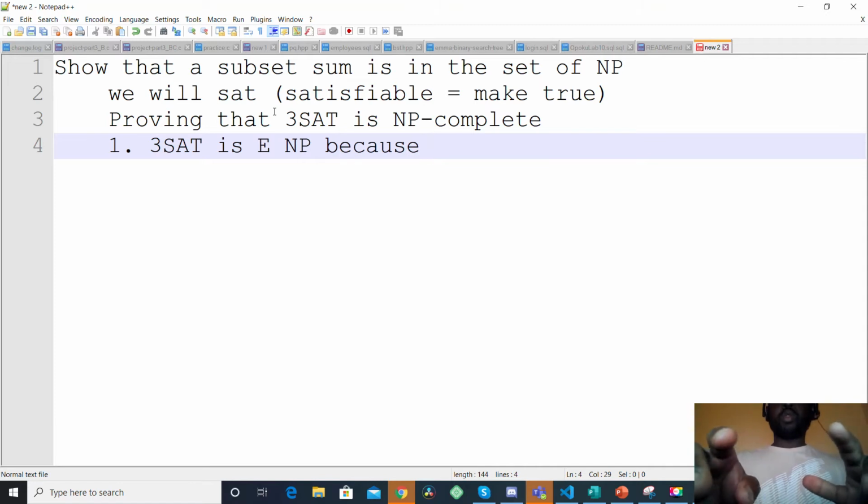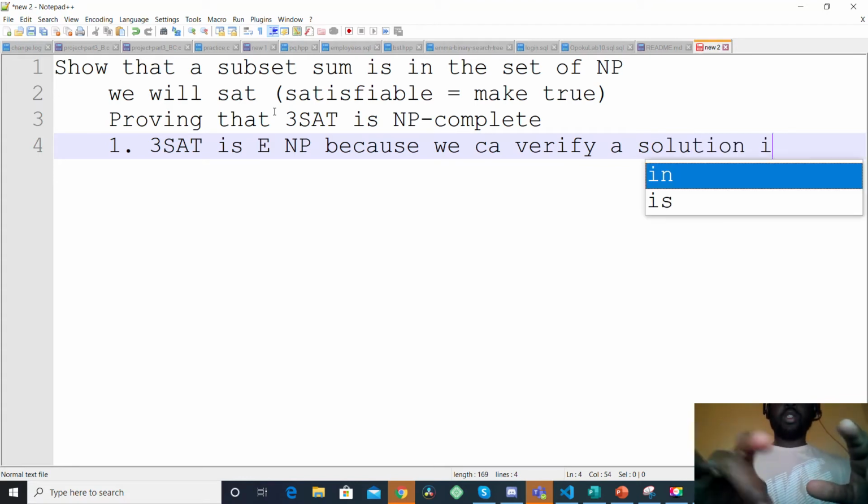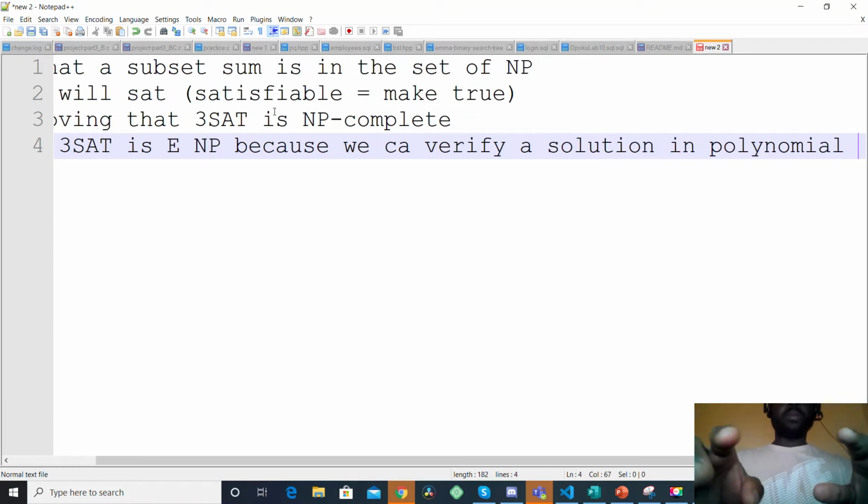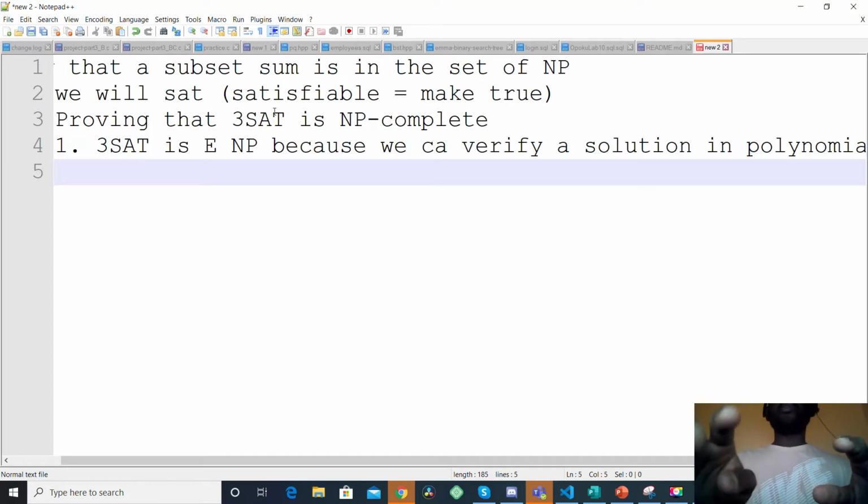This is pretty much because we can verify a solution in polynomial time.